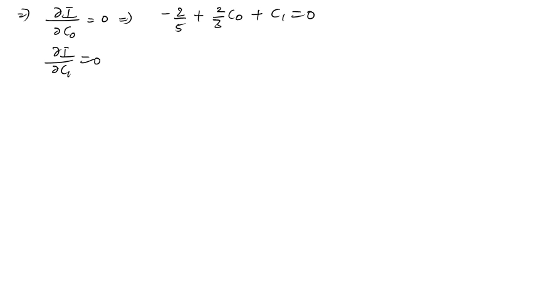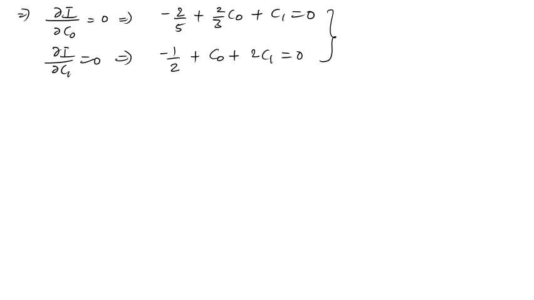After taking integration and substituting the limits, the first expression dou I by dou c0 equal to 0 gives minus 2 by 5 plus 2 by 3 c0 plus c1 equals 0, and dou I by dou c1 equal to 0 gives minus 1 by 2 plus c0 plus 2 c1 equals 0.